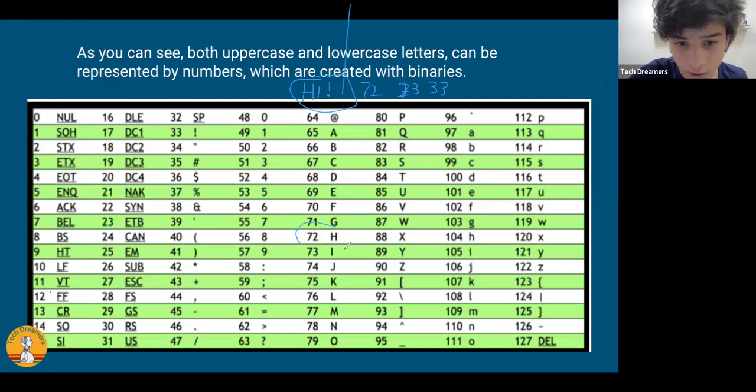So here is a capital H and here is a lowercase h. So you know they're different. One is big and one is small, uppercase or lowercase, because they have different binary values. If you want to represent an uppercase, you would say 72. And if you want to represent a lowercase, you would say 104.